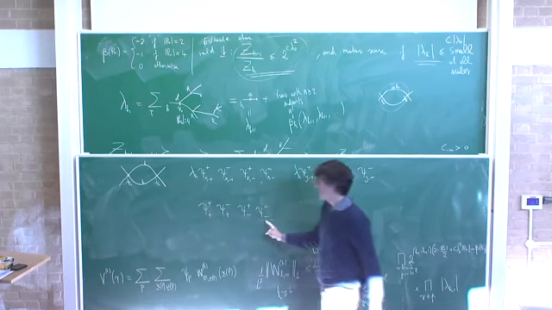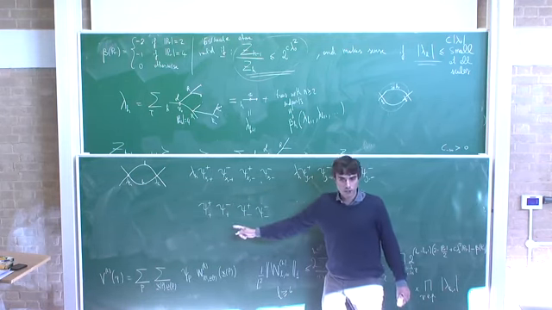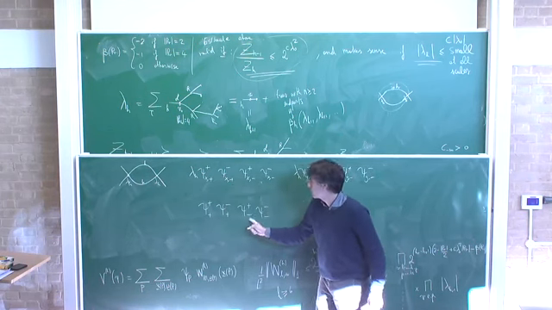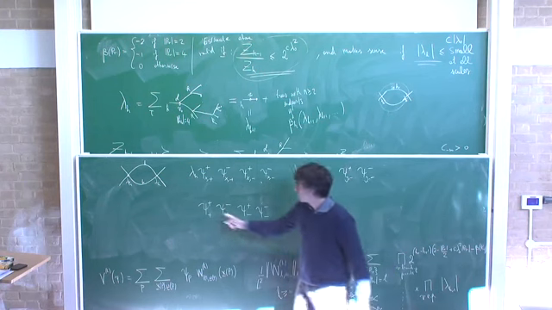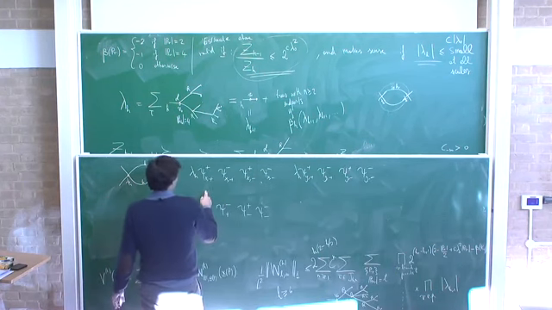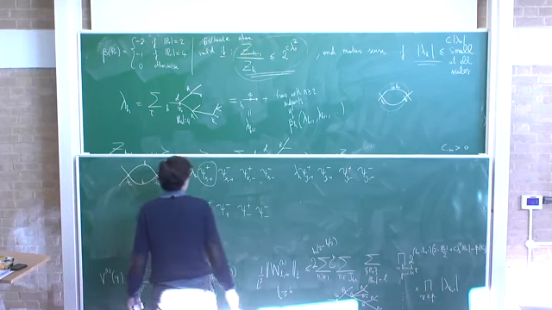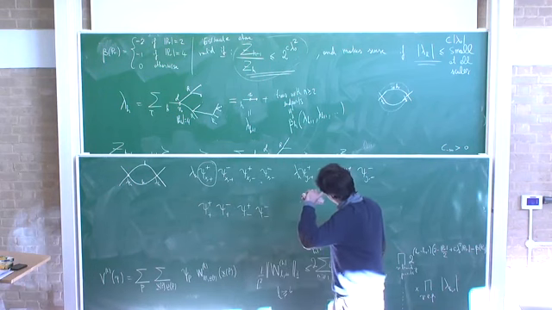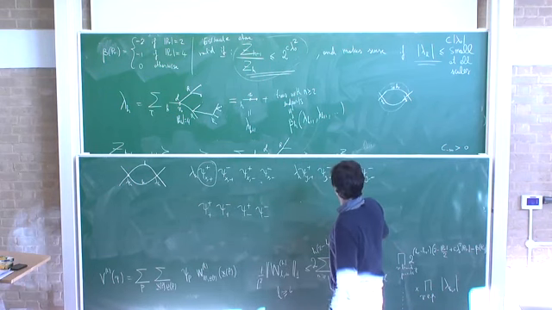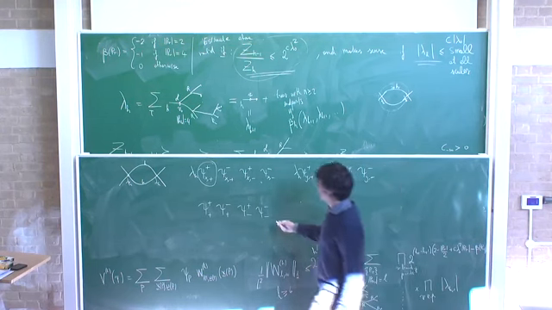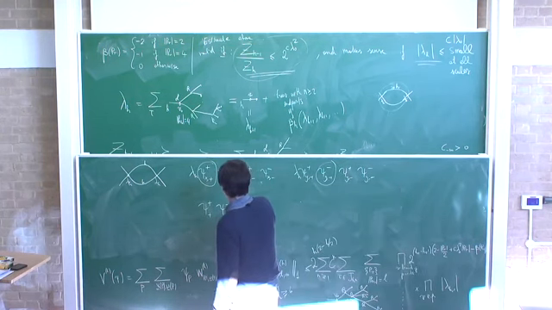So you're only interested in picking up, in all possible ways, the leftover fields in such a way that the leftover labels are like this. You have to pick one of the leftover fields that you are not contracting to be psi plus of plus, say this one. One guy that should be psi minus of plus, say this one. And then you have to choose psi plus of minus and psi minus of minus.